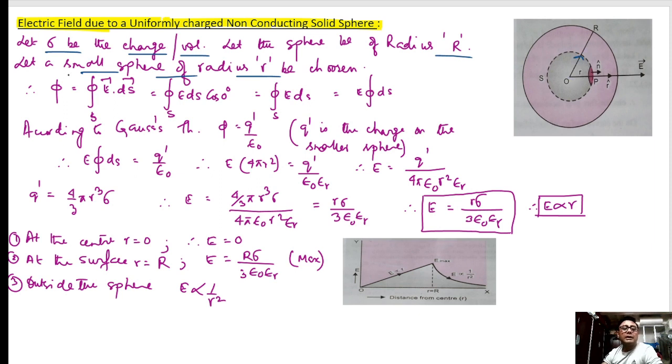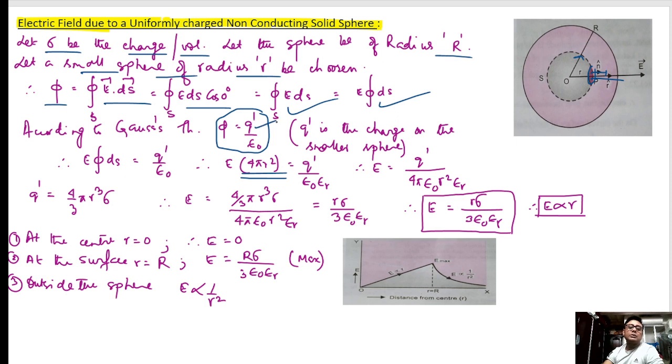So we know the flux coming out will be the line integral of E dot ds. So E ds cos 0, because the electric field and the surface normal are in the same direction. So theta will be 0 degree. So E ds line integral, and ds is 4 pi r square. This is E ds, this is the flux. But Gauss told that the flux should be the charge enclosed within that sphere.